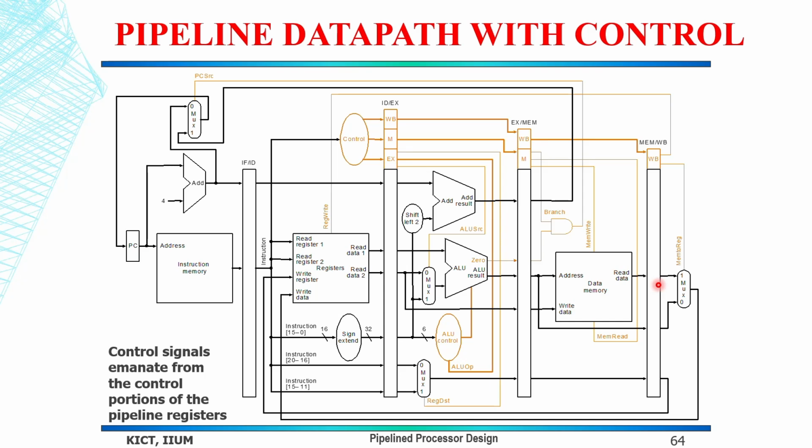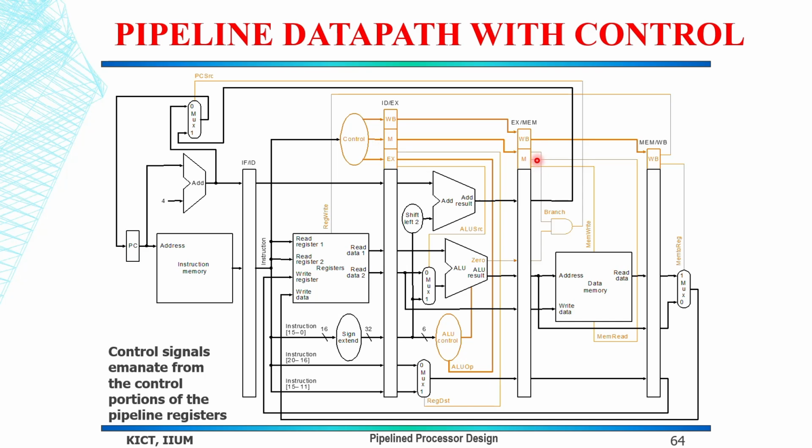Each pipeline register has two parts: one is the data portion and one is the control portion. You can see this pipeline register has the data portion, and these are the control portions, which hold the control signals.